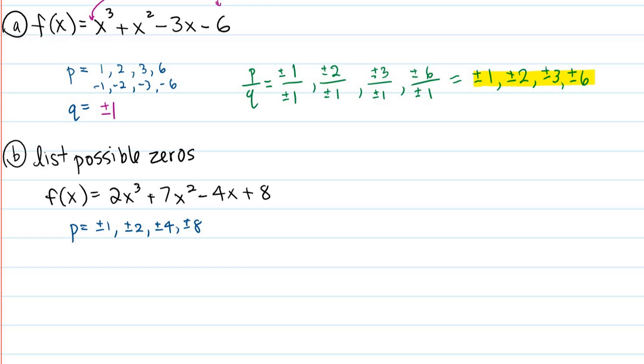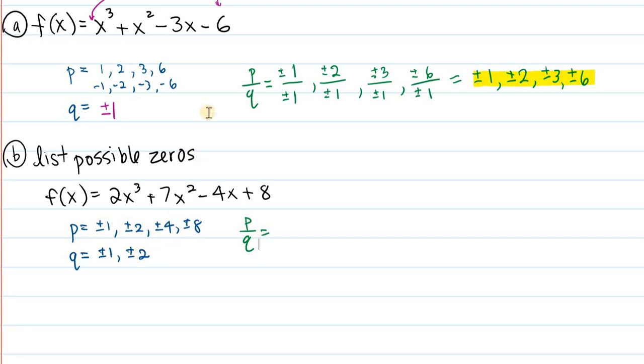By the way, when I say factors, I mean all of the numbers that multiply together to give me 8. For the leading coefficient, the factors are plus or minus 1 and plus or minus 2. So when we put our list of possible zeros together, we're going to have everything that's in this list divided by 1, as well as everything that's in this list divided by 2.